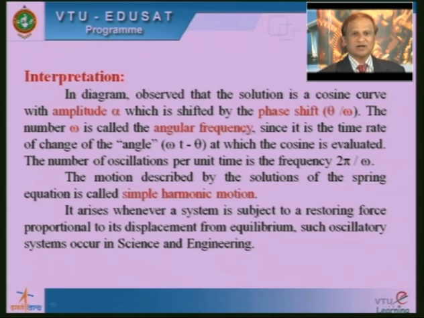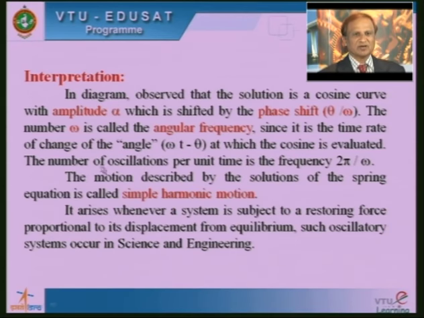In the diagram, observe that the solution is a cosine curve with amplitude alpha, which is shifted by the phase shift theta by omega. The number omega is called angular frequency. So, our solution contains omega, what do you mean by omega? Angular frequency, since it is the time rate of change of the angle omega t minus theta at which the cosine is evaluated.